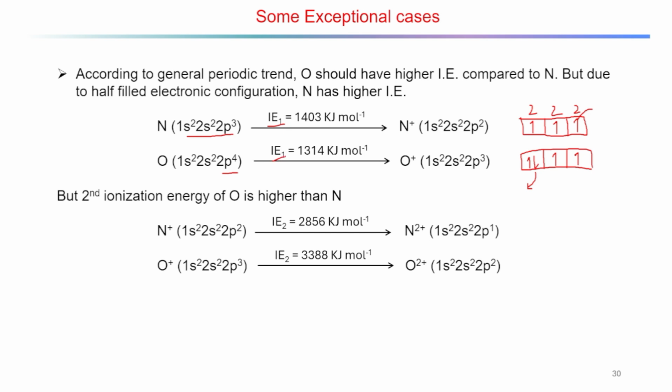Okay. But now consider the second ionization energy. So we have already removed one electron. So I'll just erase this. Wait. So we have removed one electron. Just assume we have removed this electron from the nitrogen, and we have removed this down spin electron from the oxygen.